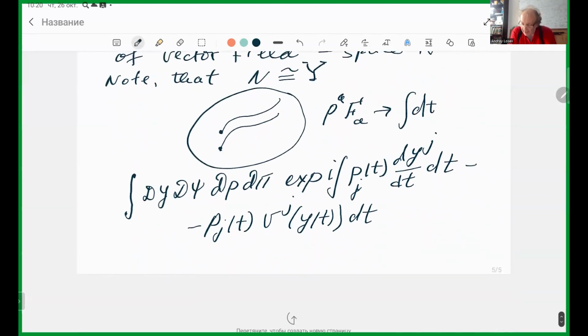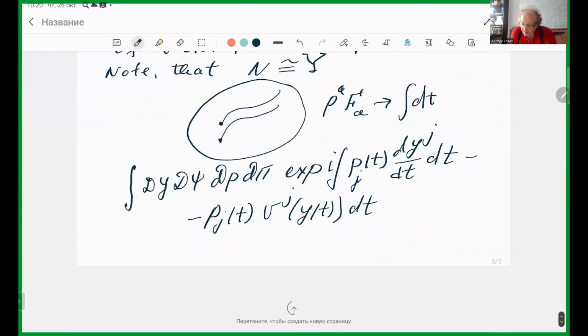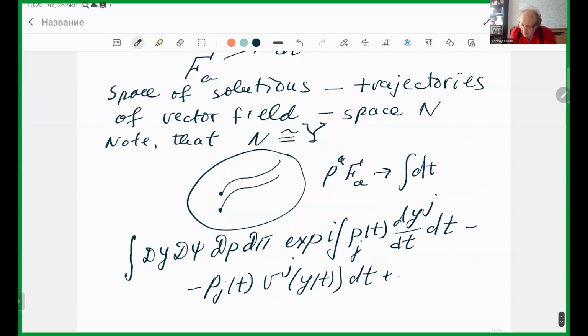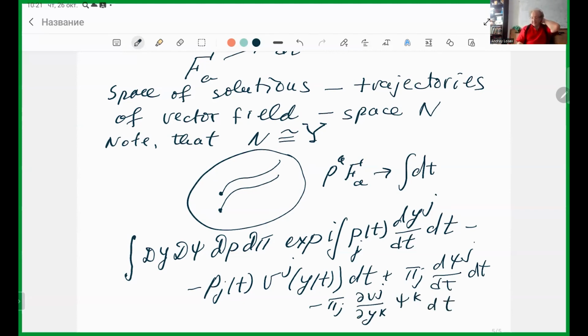And there is also a pi piece: minus pi_j dv^j over dy^k psi^k dt. So this is what we have in the exponent.